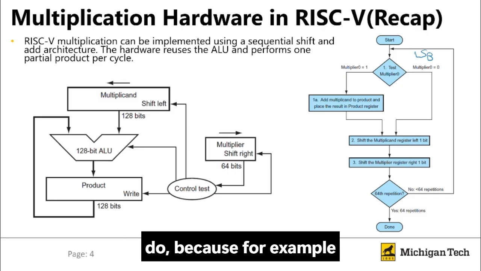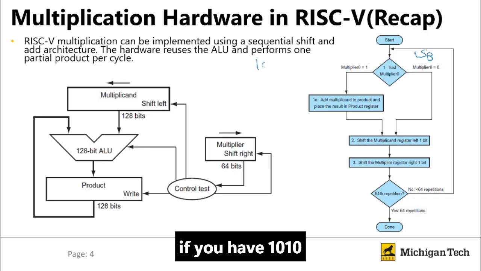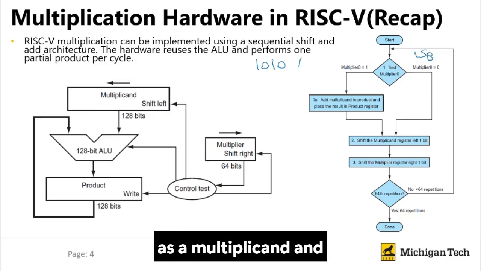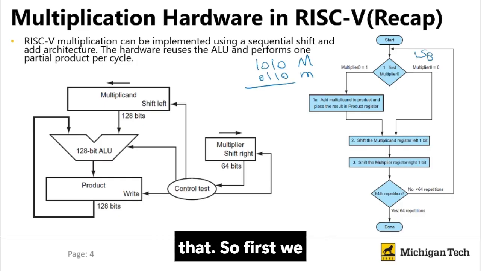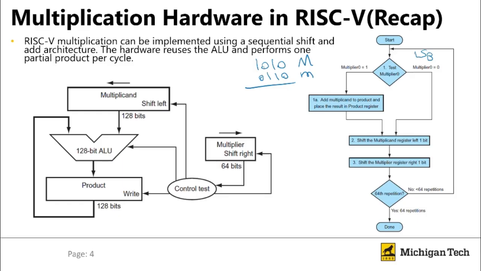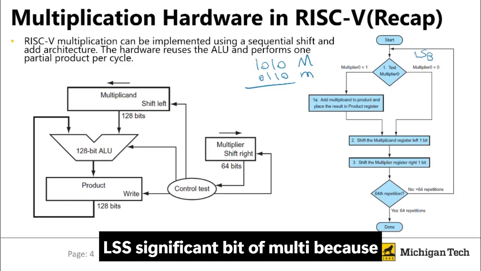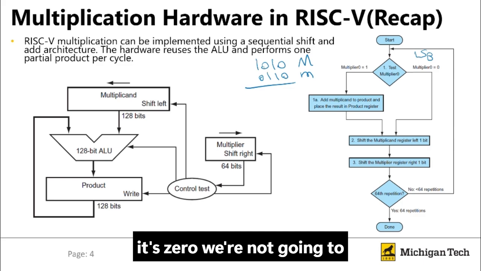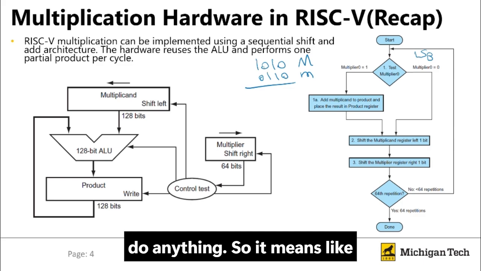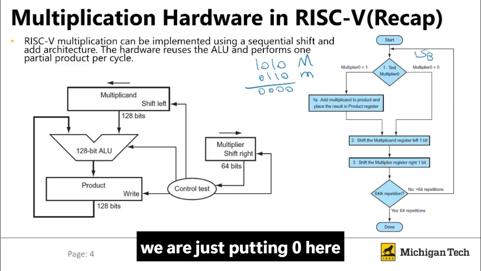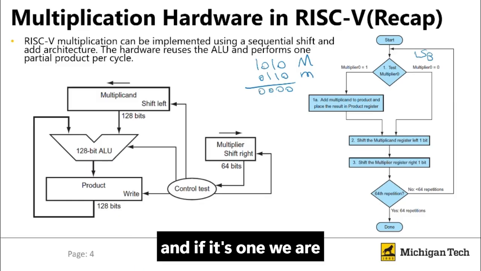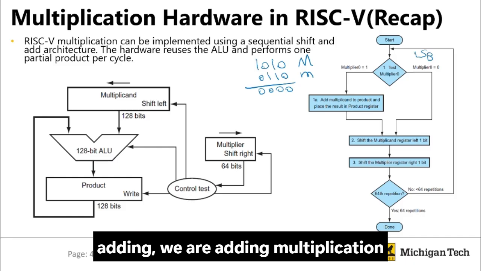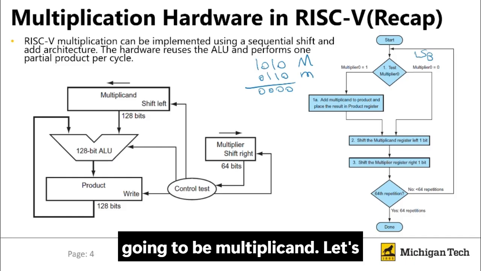Because, for example, if you have 1, 0, 1, 0 as a multiplicand and 0, 1, 1, 0 as a multiplier, the addition was like that. First we test the least significant bit of the multiplier, and because it's 0, we're not going to do anything. It means we are just putting 0 here. And if it's 1, we are adding the multiplicand, because 1 multiplied by that is going to be the multiplicand.